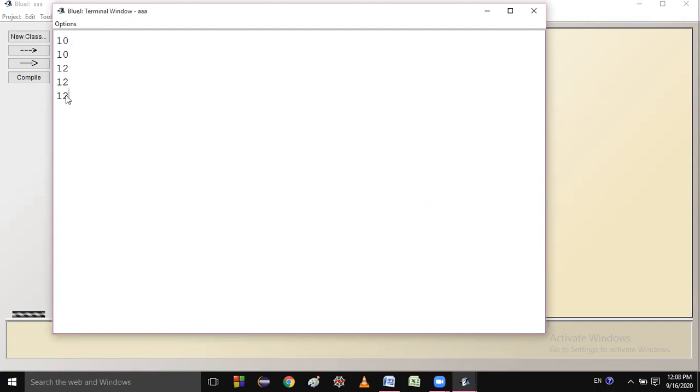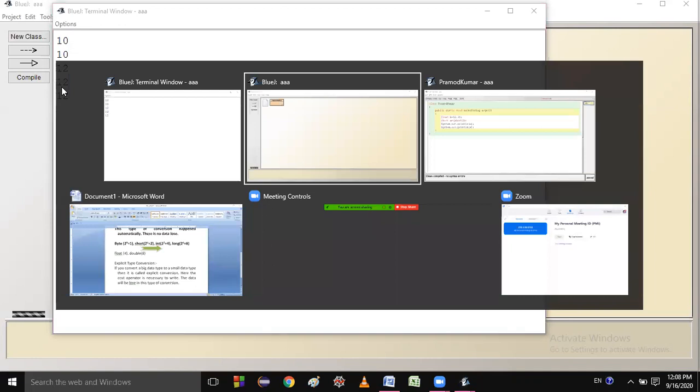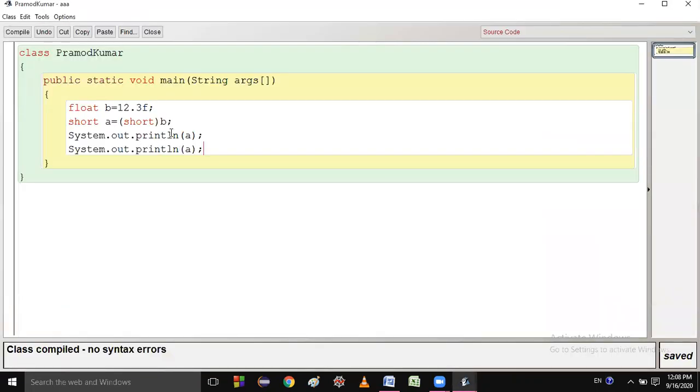Can you see this? The outputs are coming in different lines. That means this is the property of the println method, that after printing the output, our cursor moves to the new line. Is it clear? But if I use the print function, then see the output.